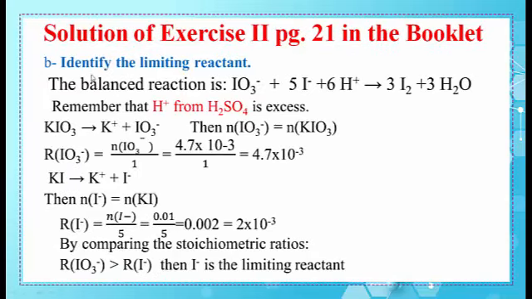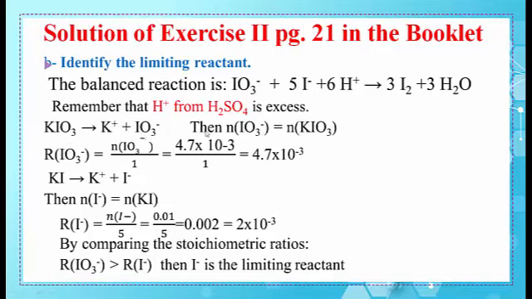Now in part B, we have to identify the limiting reactant. The balanced equation of the reaction is IO3- plus 5I- plus 6H+ gives 3I2 plus 3H2O. Here, don't forget that H+ from H2SO4 is in excess. We said that KIO3 dissociates in water giving K+ and IO3-.